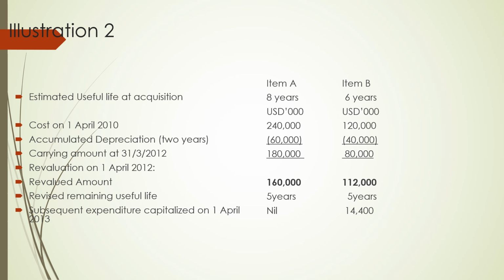The accumulated depreciation at that period for item A, for 2 years, is $60,000, whilst item B has an amount of $40,000, giving us a carrying amount as at 31st March 2012 of $180,000 for item A, whilst item B was valued at $80,000.